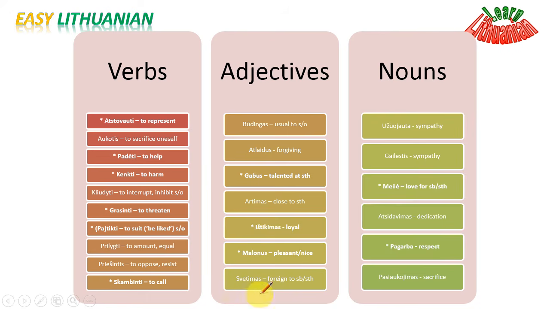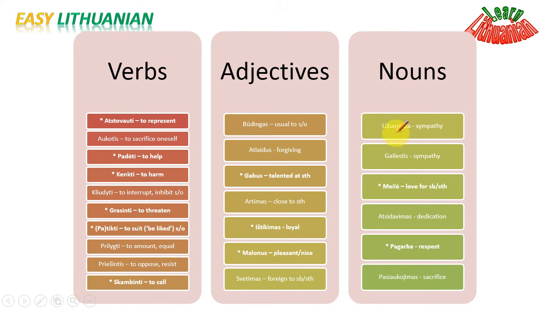This adjective is the title for this book in Lithuanian. Svetimas, a stranger, foreign to somebody or to something. Svetimas, a book by Albert Camus, if I'm pronouncing his name correctly. The stranger.